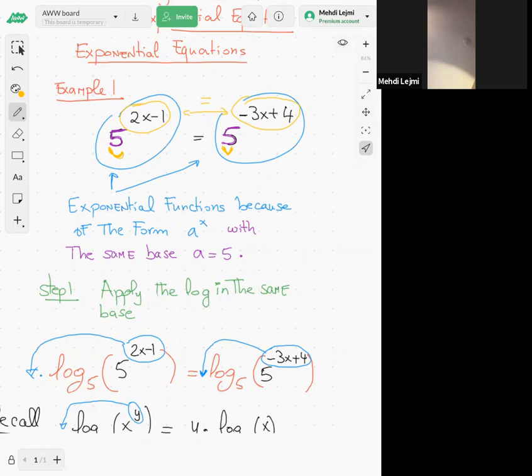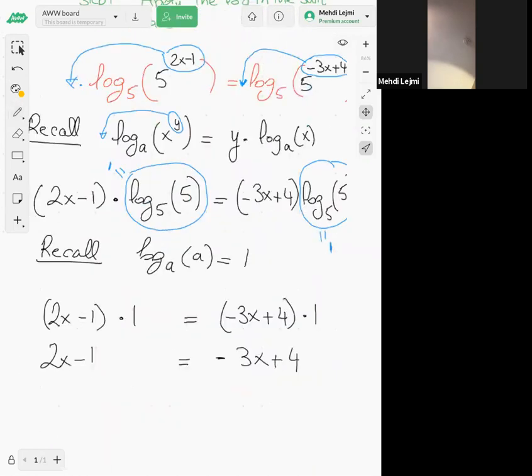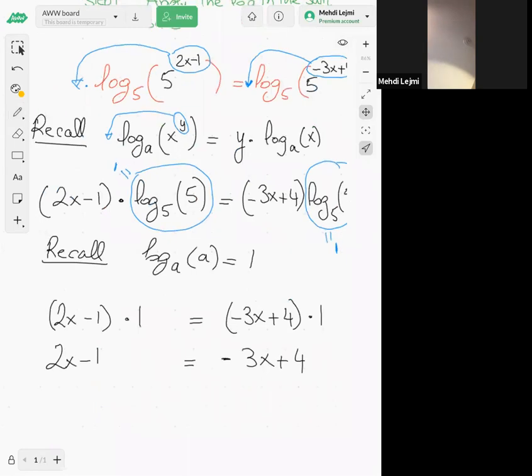And that's exactly what we are saying here, right? 2x minus 1 is equal to minus 3x plus 4. So the exponents are equal.